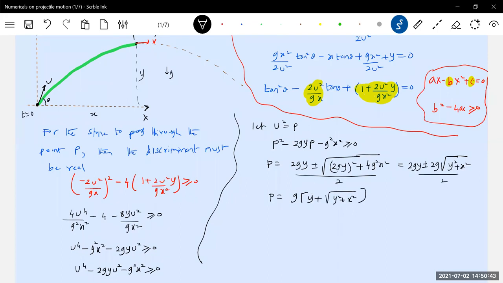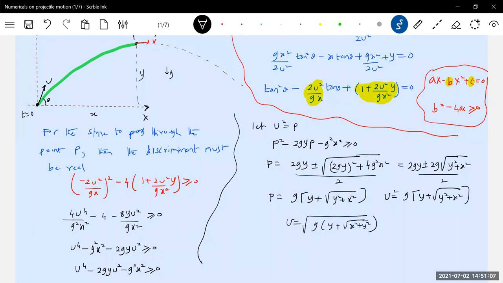What is p? P was what we assumed is u square. u square equals g into y plus, again inside the root, x square plus y square.